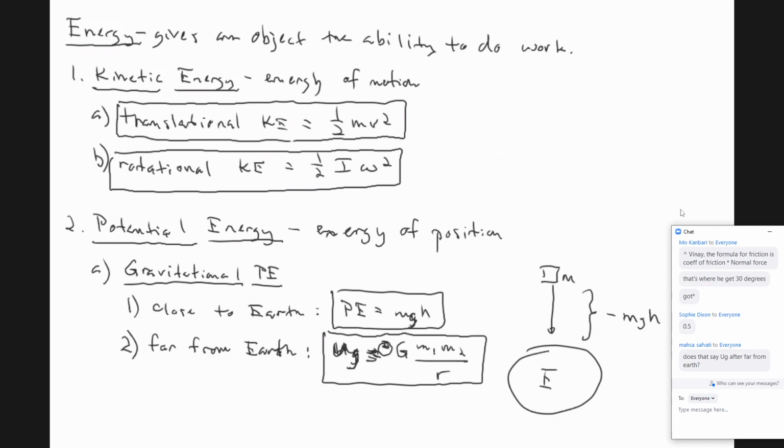It says equal to negative G, mass of one times mass of the other, divided by r, where G is the universal gravitational constant, 6.67 times 10 to the negative 11 Newton meter squared per kilogram squared.